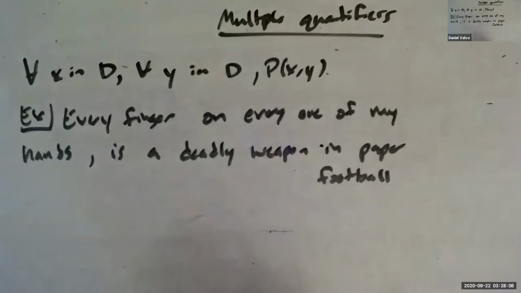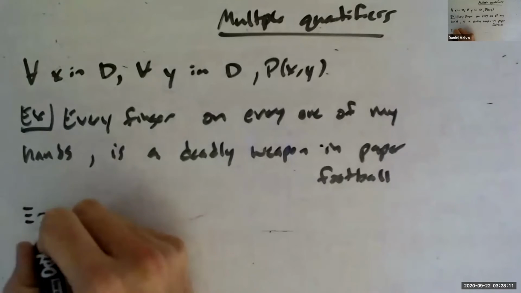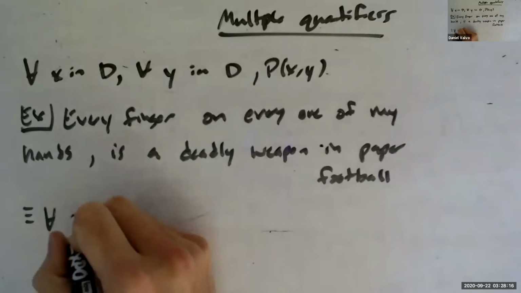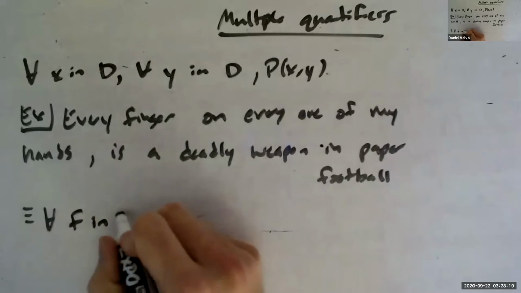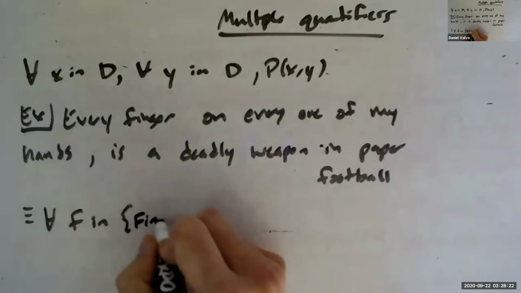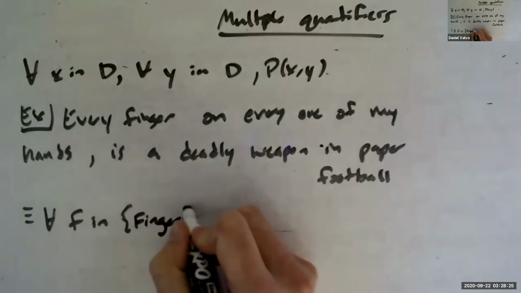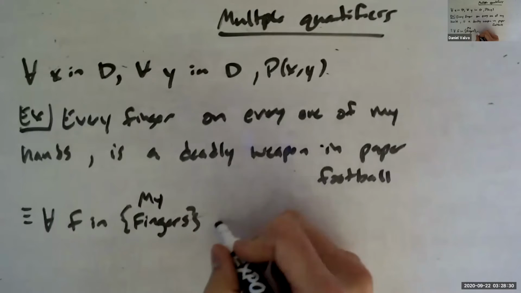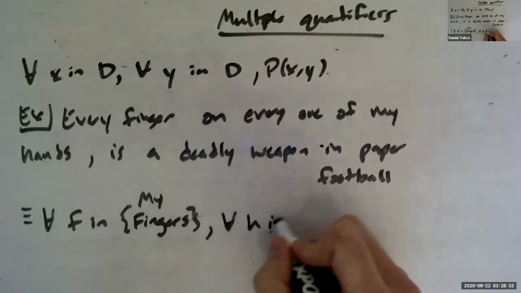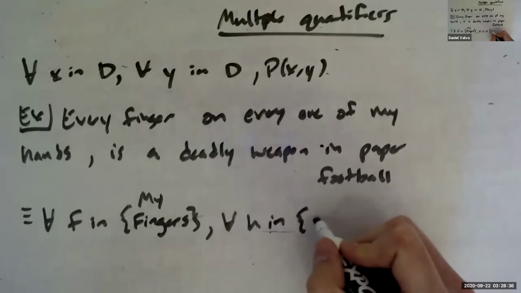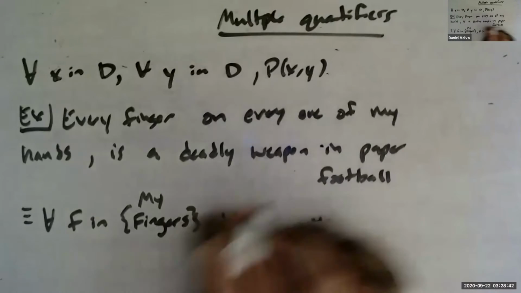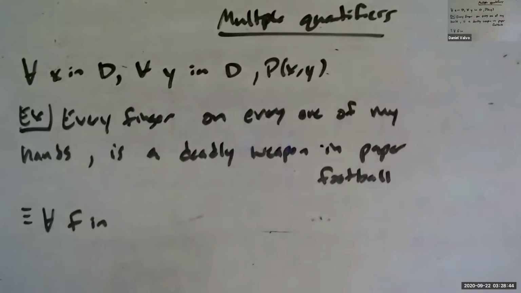The point is we can write this as: for all F in the set of fingers, my fingers.